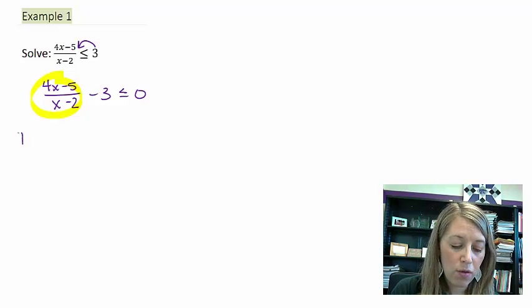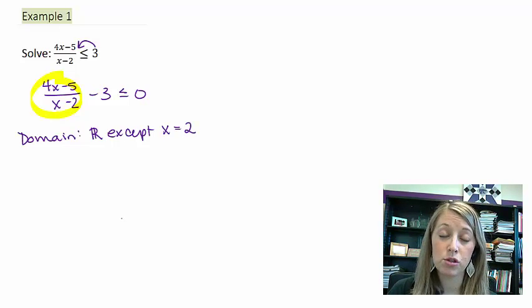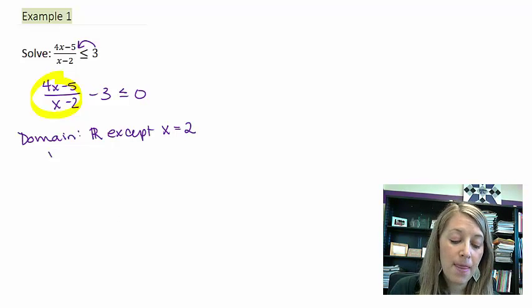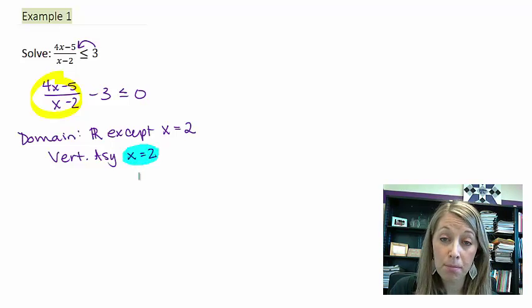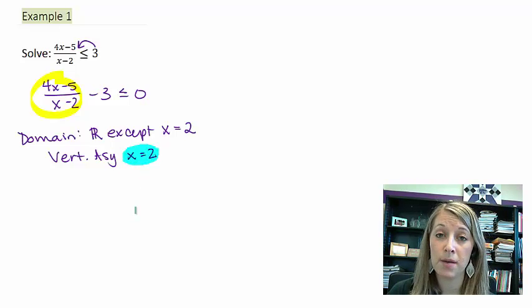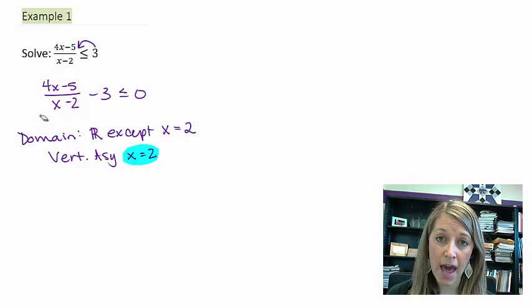So I know that my domain is all real numbers except when x is equal to 2, because 2 will give me a 0 in the denominator, which is undefined. And that means I have a vertical asymptote at x equals 2. So I need to remember that because I need to put that on the number line as well as my intercepts or zeros. Okay, that's the only additional step that we have between polynomials and rational equations.